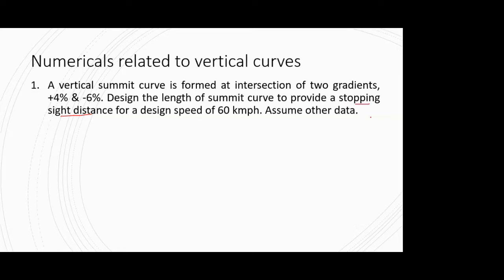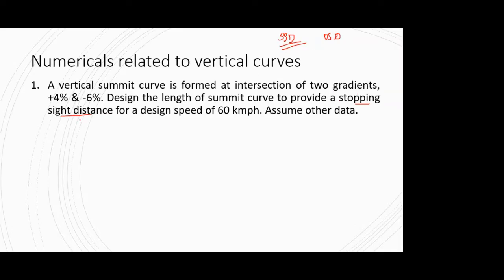If you recall the theory, the summit curve design is based on two things: either SSD or OSD, the stopping sight distance or the overtaking sight distance. Here they have clearly mentioned that you have to design this summit curve for stopping sight distance.